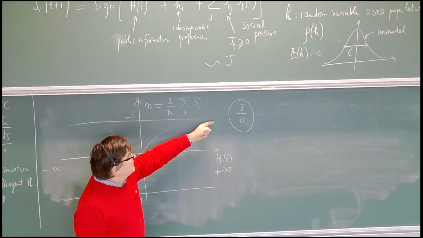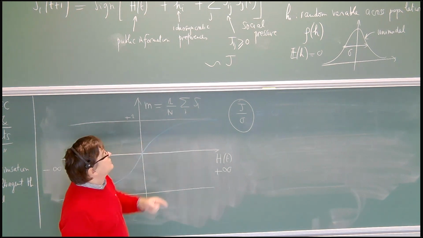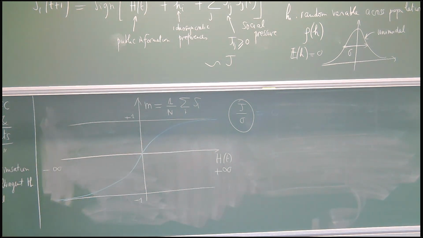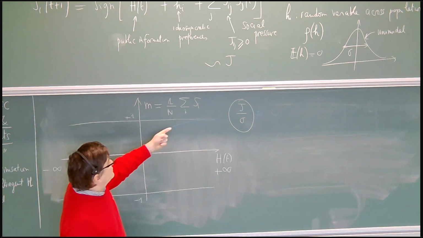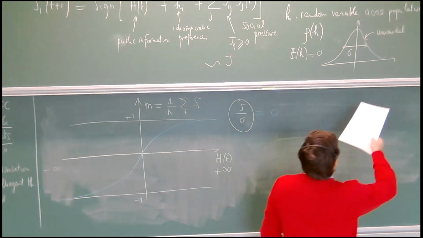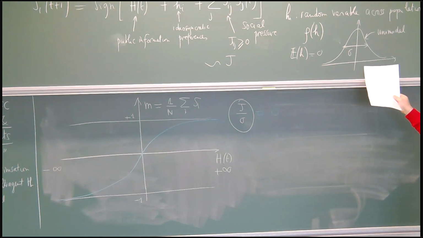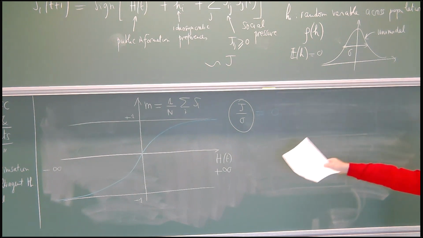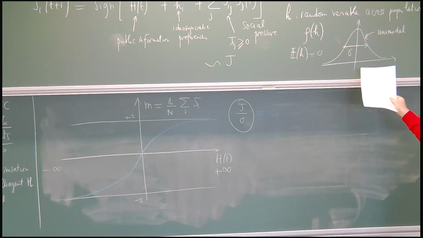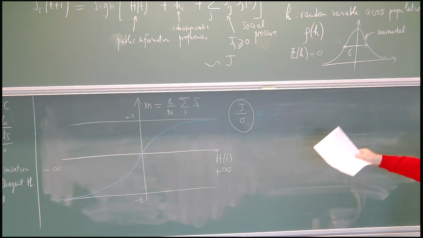And then at the end of the process, you'll convince the people who had the HIs very negative, who were less prone to buy the new technology. And so this is going to be a continuous curve, which we'll see is very simply related to the distribution of h. It's actually the cumulative distribution of h that you're seeing here. So if the distribution of h is smooth, then its cumulative is also smooth, and you get this type of curve. Okay.